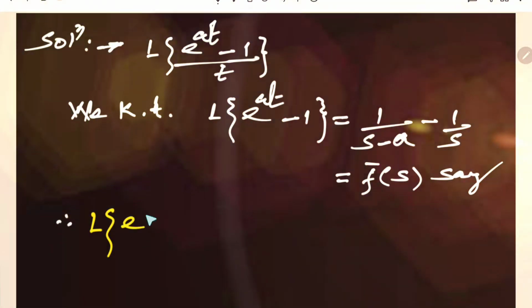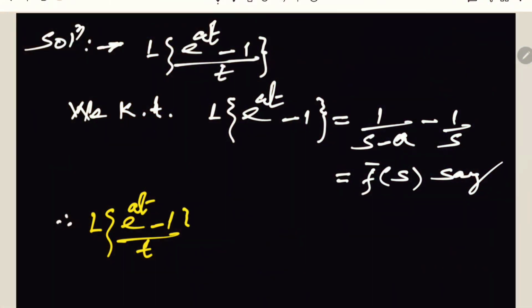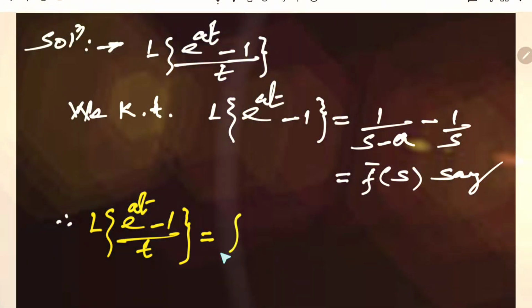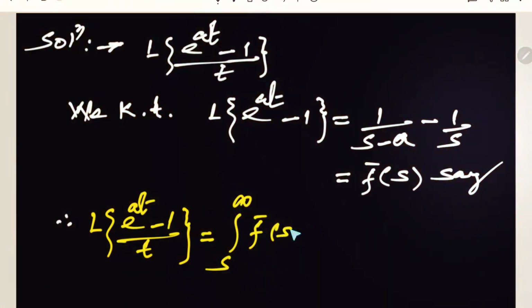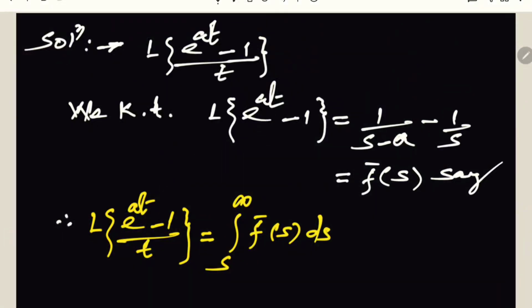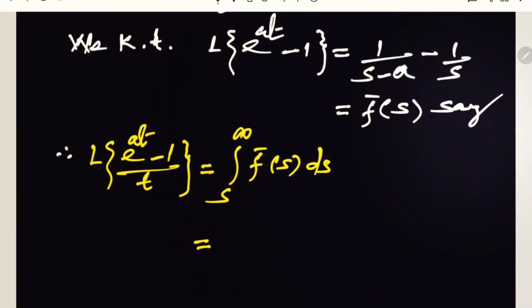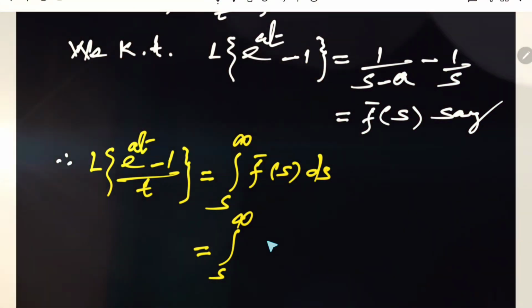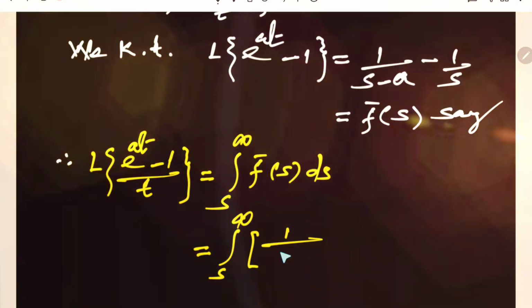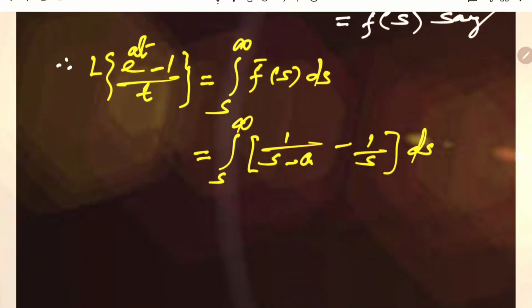By that theorem, Laplace of e raised to at minus 1 by t is equal to integration from s to infinity of f bar of s ds. Whatever the value of f bar of s, we put it in that integral, so it is integration from s to infinity of 1 upon s minus a minus 1 by s, with respect to s.